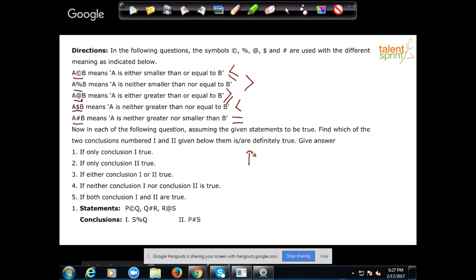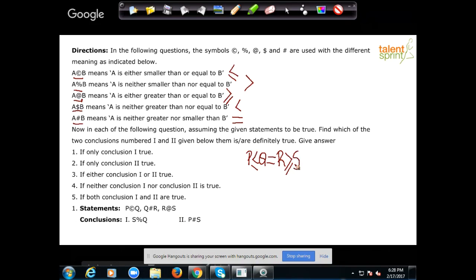Therefore, we will have P is less than, equal to Q. Now Q hashtag R. We know that hashtag stands for equal to. Therefore, we know that Q will be equal to R. Then they tell us R at the rate of S. At the rate, we know, stands for, boys and girls, greater than, equal to. So we know that R will be greater than, equal to S.